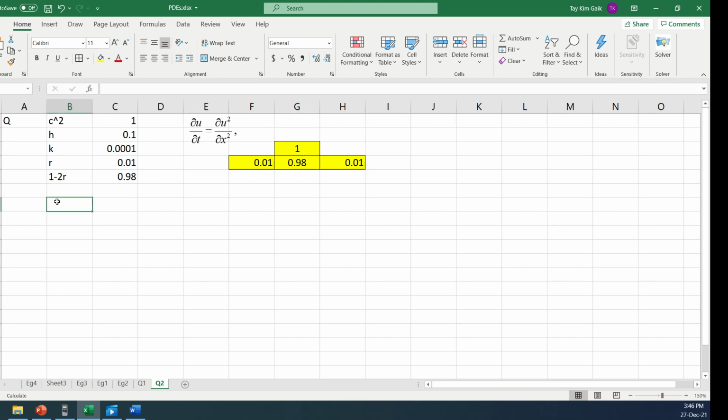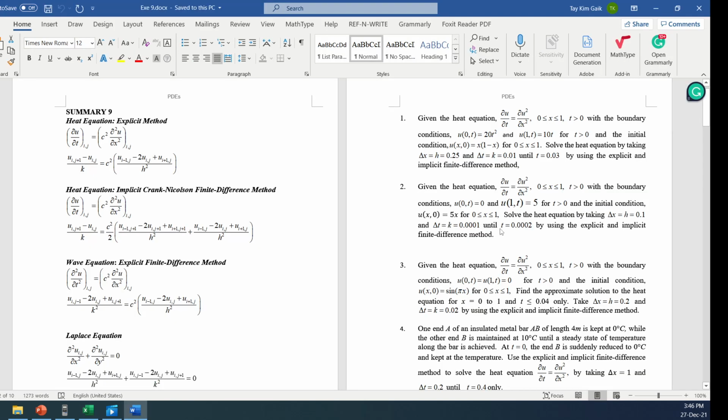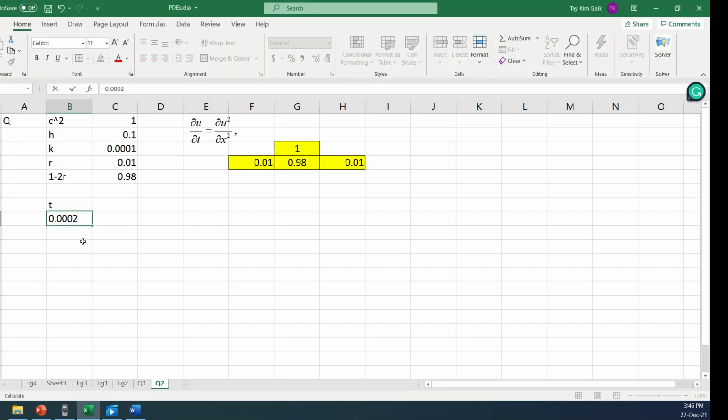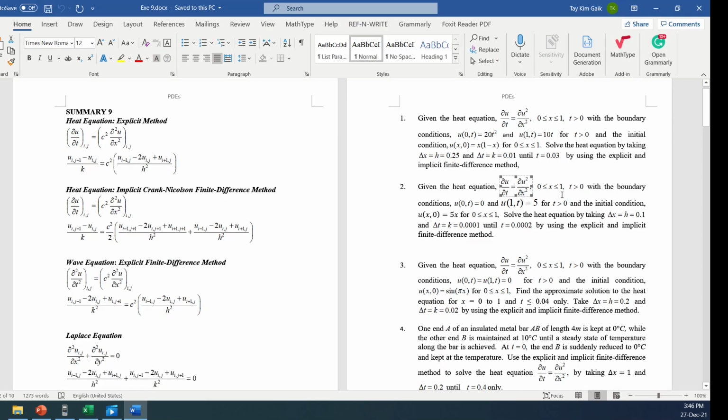Okay, and then you may draw the grids. Here x from 0, with h of 0.1, up to 1.